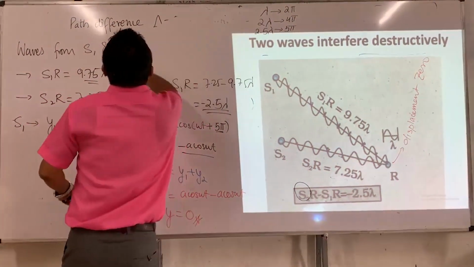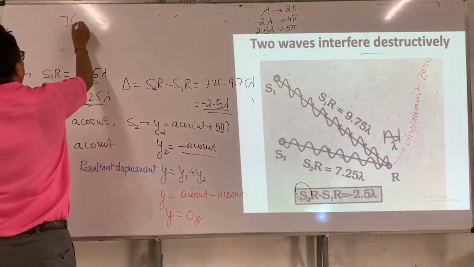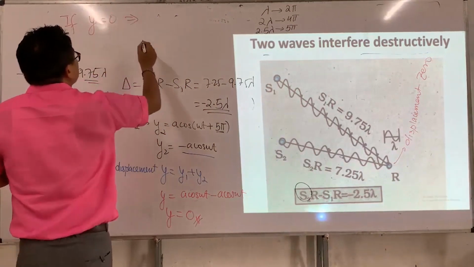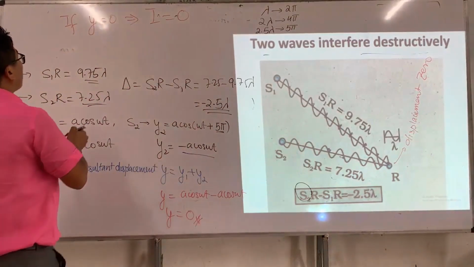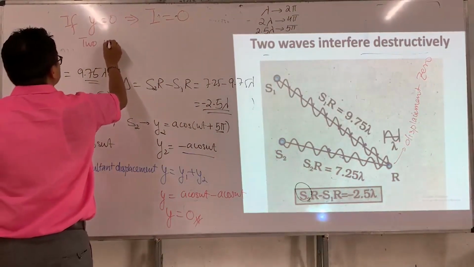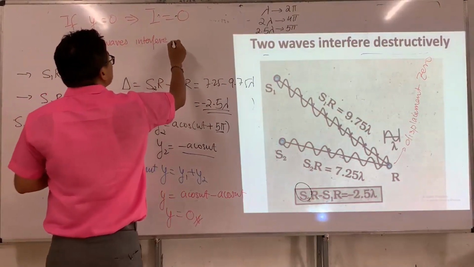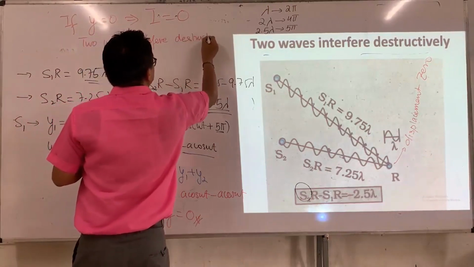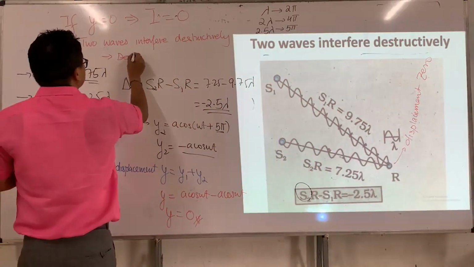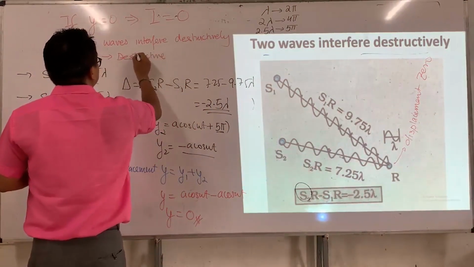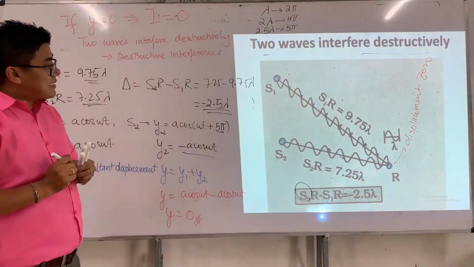Intensity must be 0. If y is equal to 0, which implies intensity is 0. And this is what we call two waves interfering destructively, and this is what we call destructive interference.